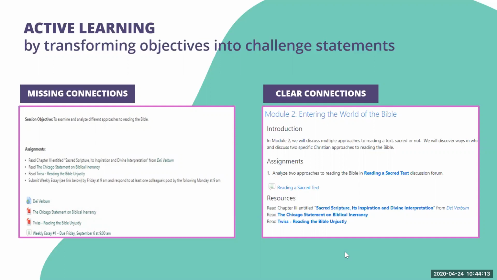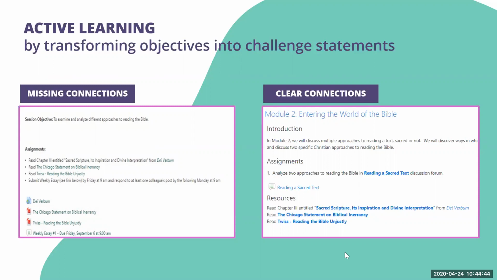Again, due to this limitation, students will miss or fail to connect the purpose of the assignment, which is all the way down in the bottom left-hand corner that says weekly essay number 1. Students will fail to connect that session objective to the purpose of that assignment. And instead, they'll probably think that the objective of that assignment is just to complete it.